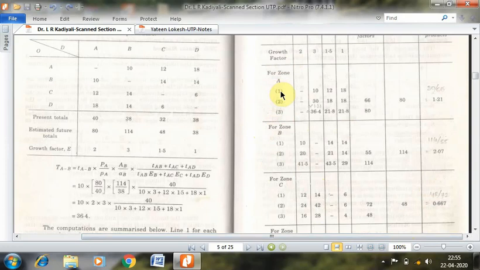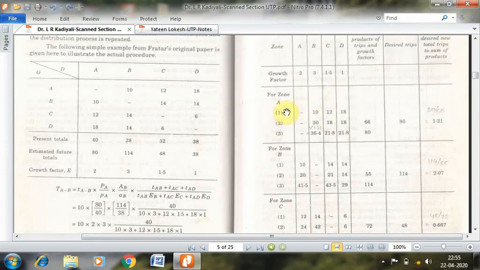So the first row for zone A is responsible to indicate the present number of trips happening from A to different zones. From A to A there are no trips, as you can see in the matrix. From A to B you have 10 trips, that 10 you will have to write here. From A to C it is 12, so 12 you will have to write here, and then similarly 18.